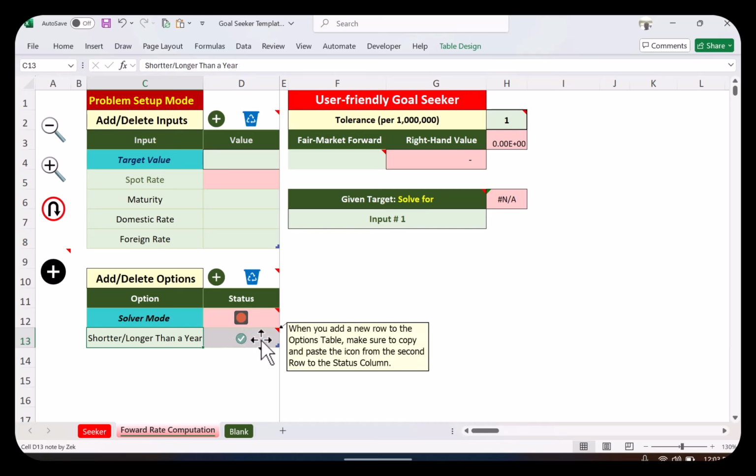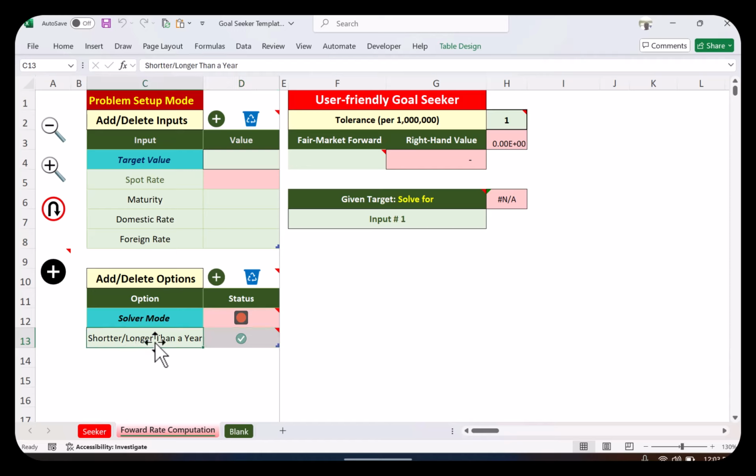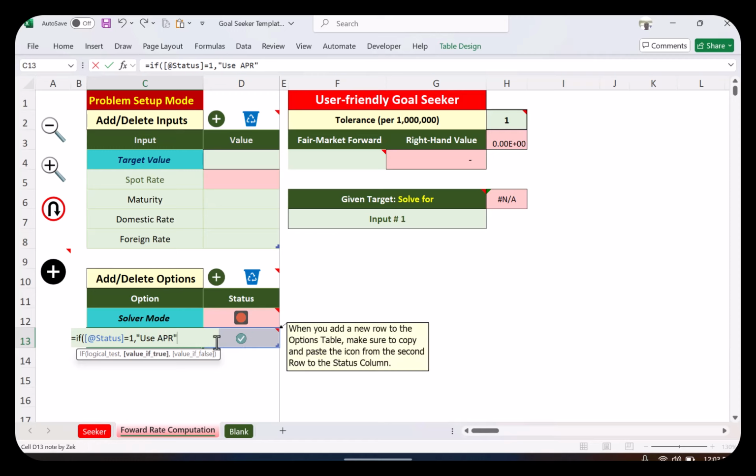The way I set this up, if I double click on that cell, it changes its thing. So if this is a green check mark, I'm going to call this if that's equal to 1, use APR, otherwise use year.